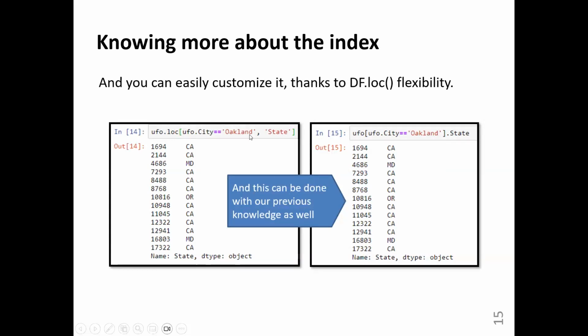They both show the same result, but which one do you prefer? The left one or the right one? Right one? I don't know why, but explain it to your neighbors. Have a discussion, and then let's take it from there.